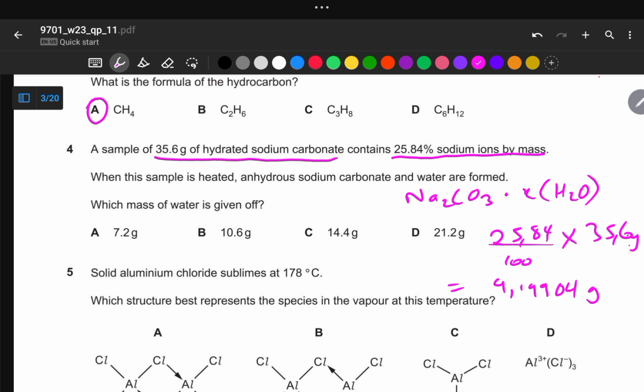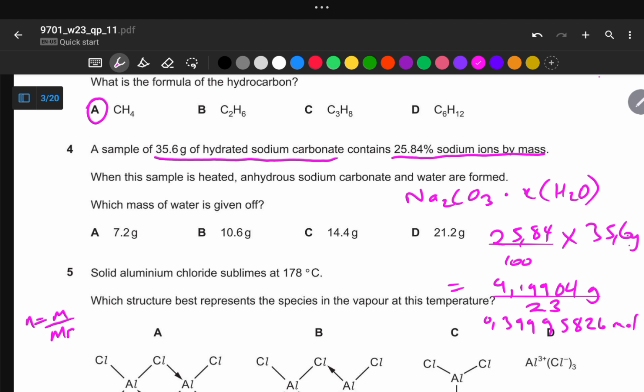We're going to use this formula, n is equal to mass over Mr. So the Mr of sodium is equal to 23. So we divide by 23, and we're going to have 0.39995826 moles, right? So this is the number of moles for the sodium.